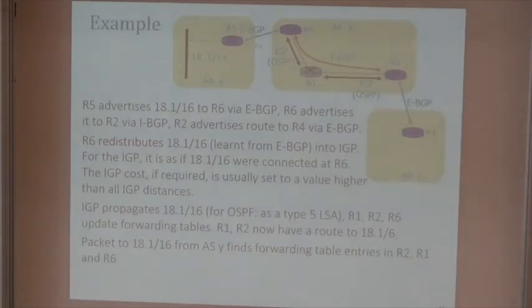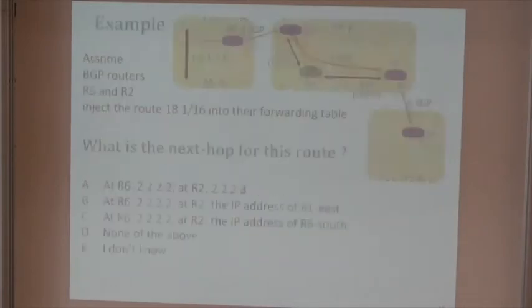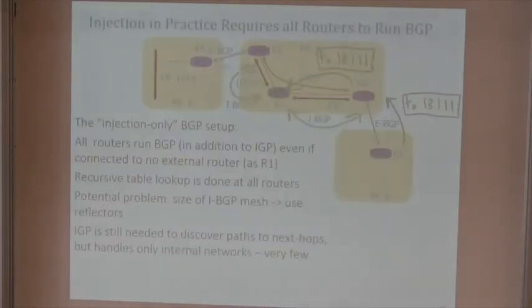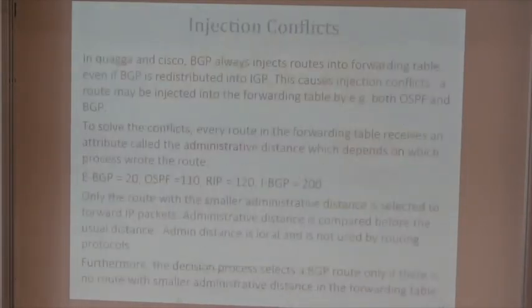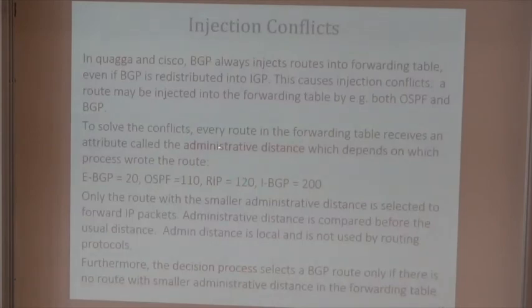This is why, sorry, skipping to injection conflicts, we use a fix to this bug, which is called the administrative distance. If you are curious and you go back to the lab, when you look into the routing tables, you will see the distance to a destination plus something which is called the administrative distance.